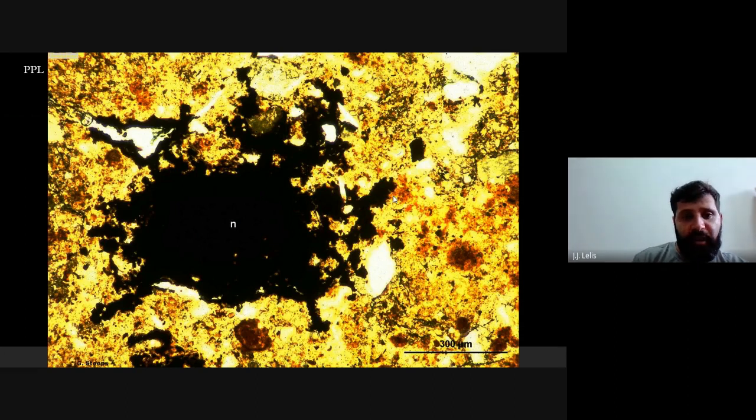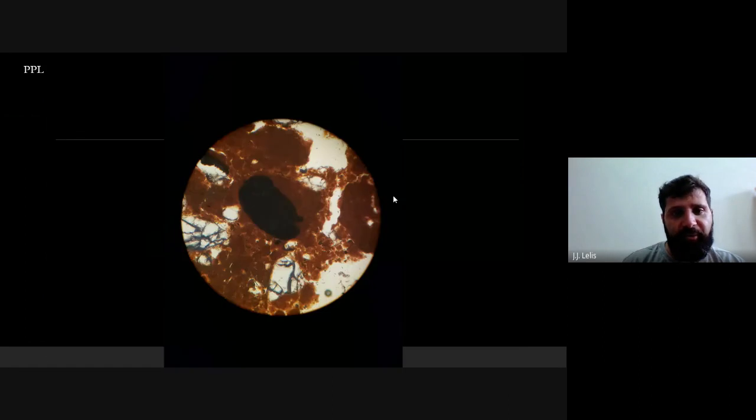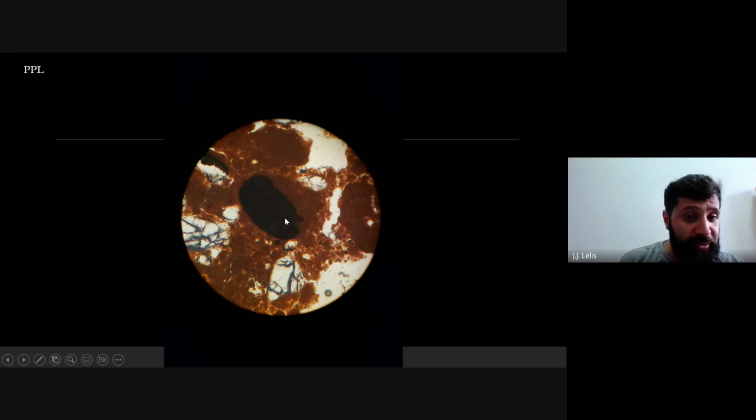All these nodules or these features are quite different from this example. Here we can also see a distinct body that's quite different from the rest of the thin section. So it possesses a different fabric which expresses an increase of iron and or manganese, and this nodule is not related to the rest of the material.